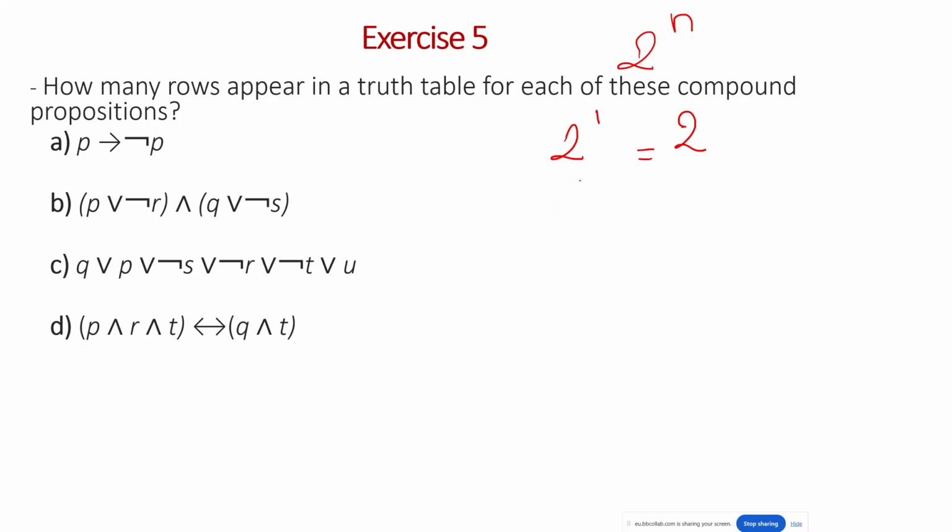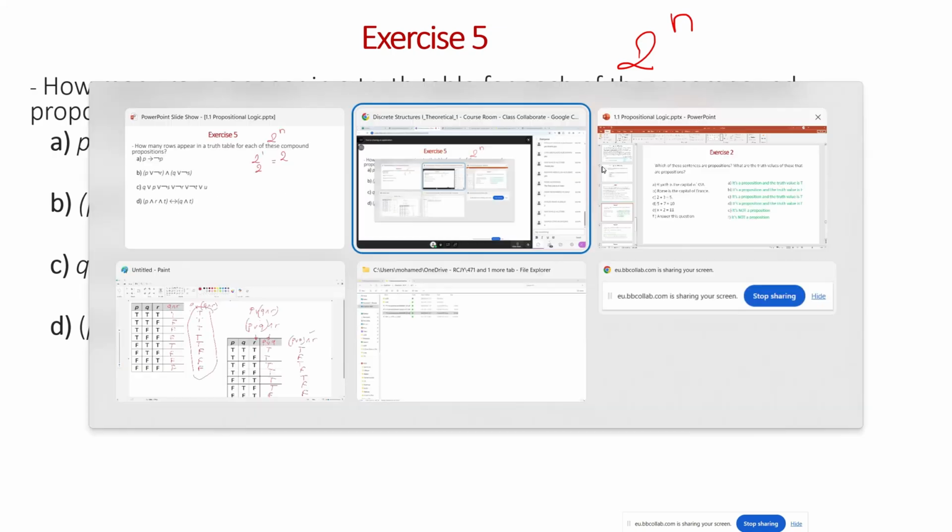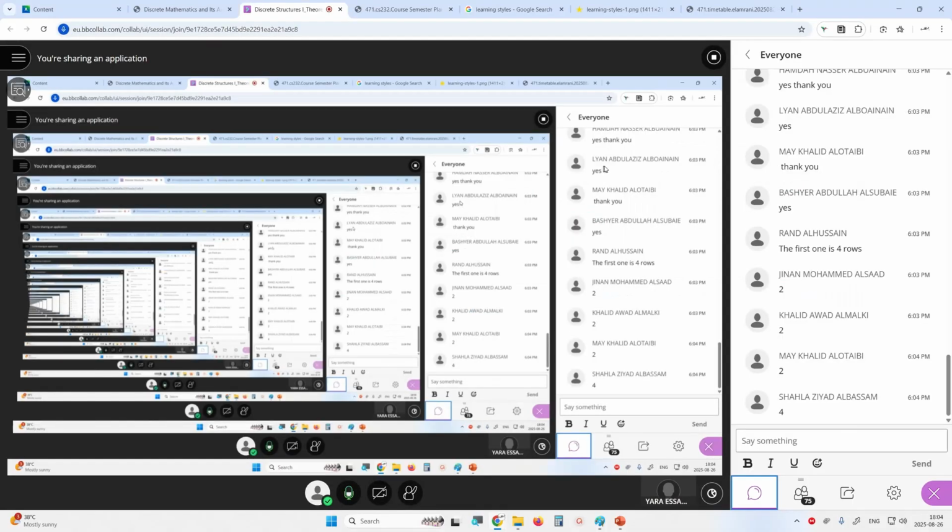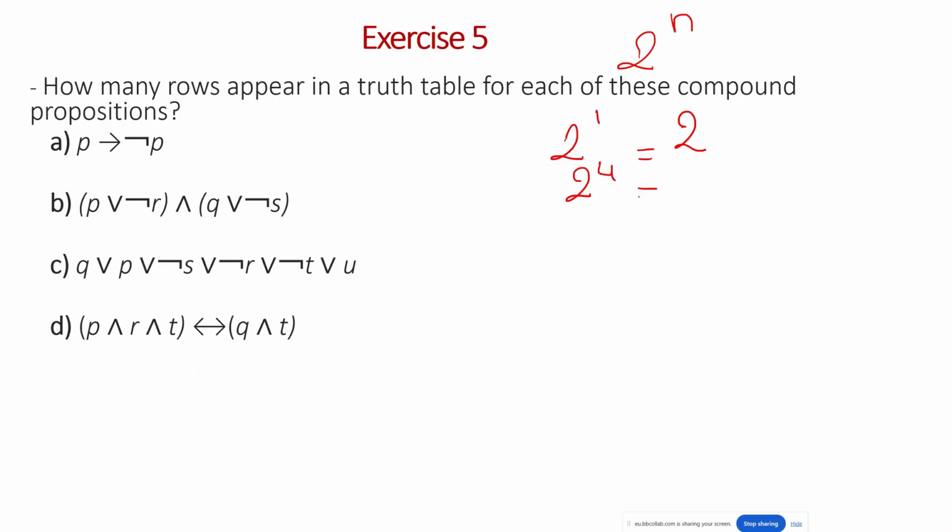How many here? 2 to the power of 4, exactly. That means 16. 2 times 2 times 2 times 2. So this is 4, this is 4, that means 4 times 4, that's 16.